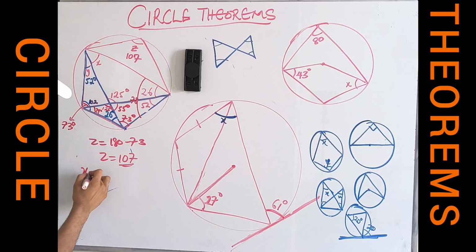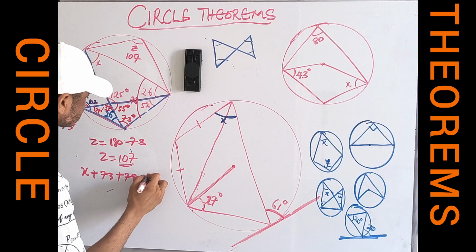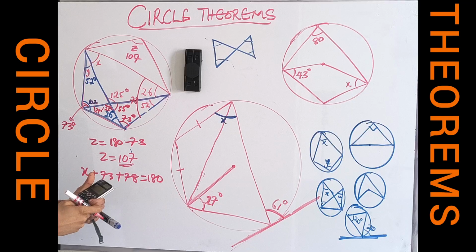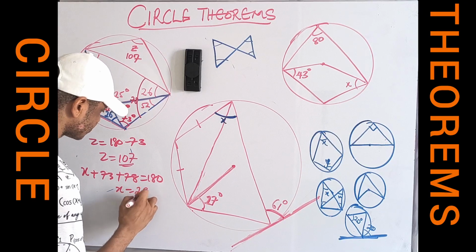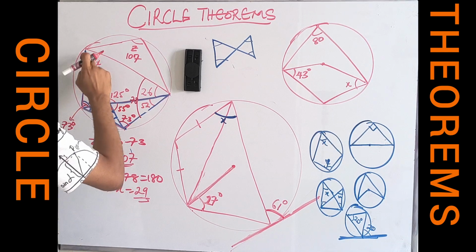So X plus 73 plus 78 is equal to 180. This triangle, this and that. So 180 minus 78 minus 73 will give me 29. So X is 29.